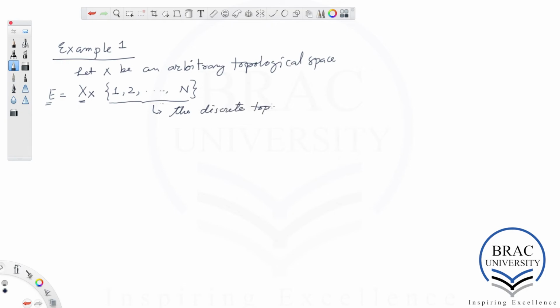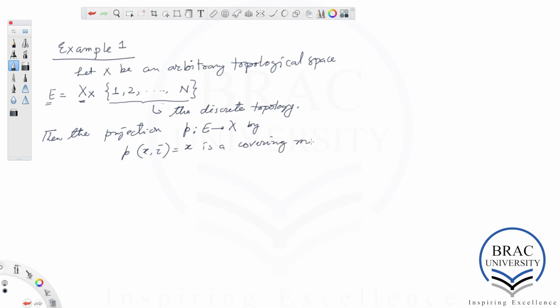Then the projection onto the first factor P from E to X, by P of (x, y) being equal to x, is a covering map. Good. So let's see how it is a covering map.